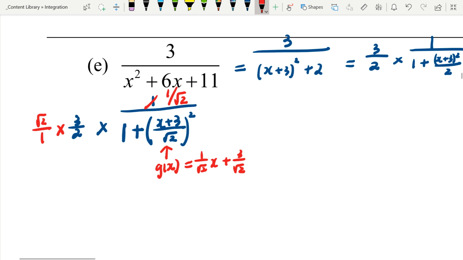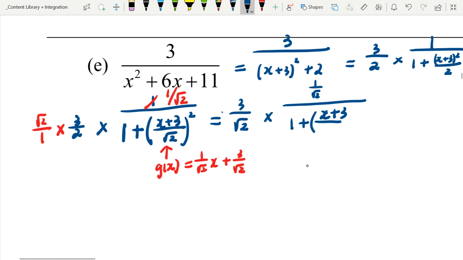If you can't see it, I can expand it in this way. So the g dash x is the constant 1 on root 2. So I times root 2 on 1 in the front as well. So just rearrange it. That's 3 over root 2 times 1 on root 2 over 1 plus x plus 3 over root 2 squared.